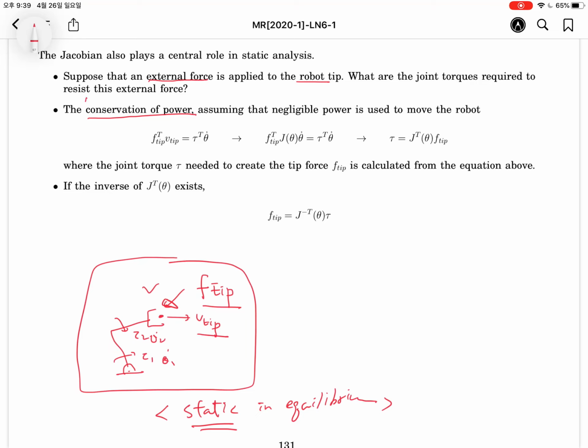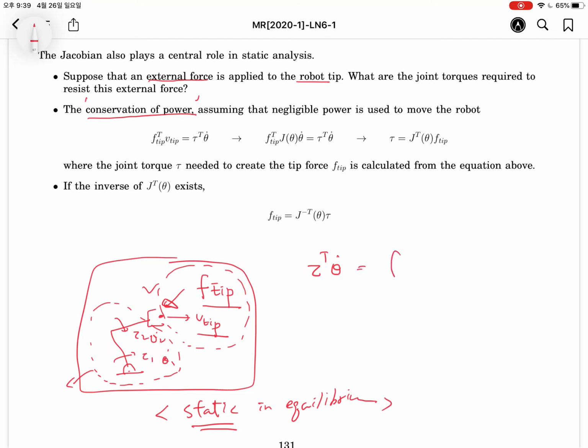Okay, the conservation of power. F transpose V will make some power in units of Newton meter per sec. On the other hand, in the rotational space, we get another power that will be tau transpose theta dot.